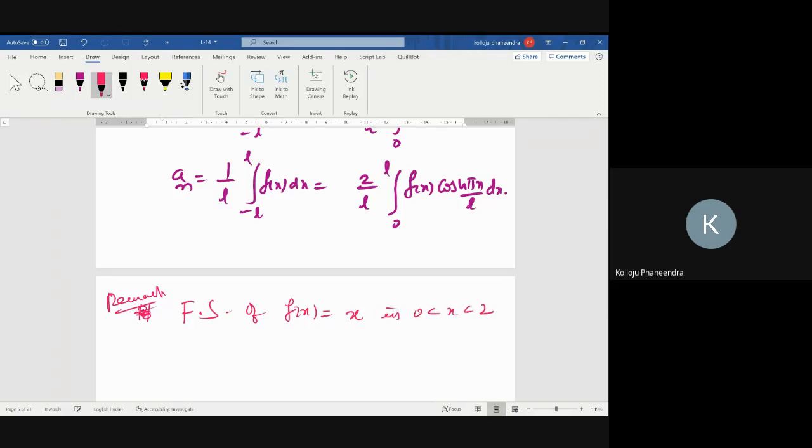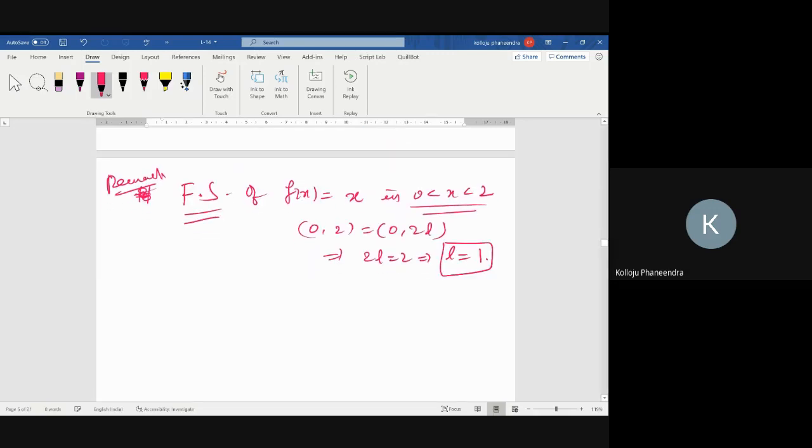This is a Fourier series. So this interval is compared with what? 0 to 2L. That means 2L equal to 2 and L value is 1. Keep this in mind.